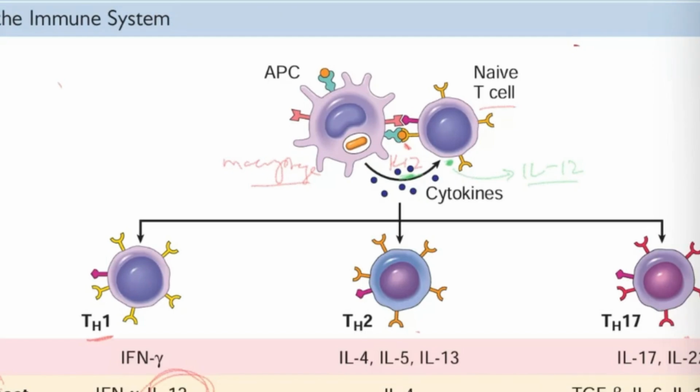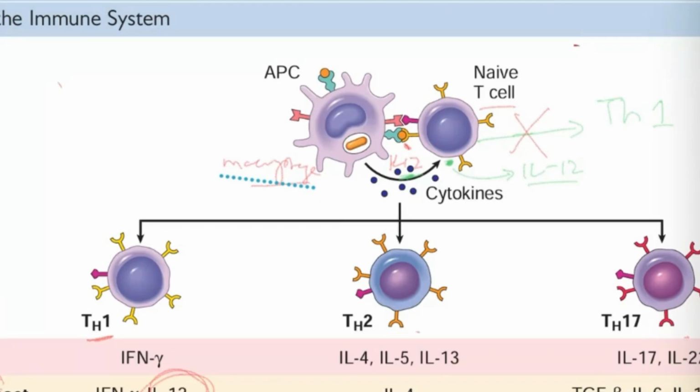So it binds to the antigen, but nothing happens, because it's not responding to the interleukin 12. Why? Because the interleukin 12 receptor on the T cell is bad. So that means this T cell will never get activated to become a Th1 cell.